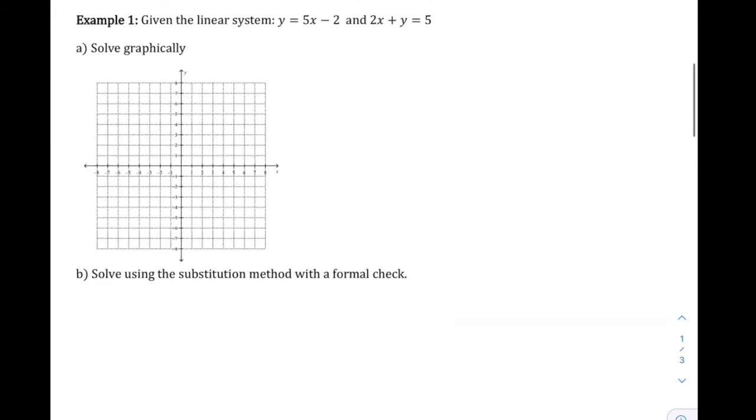Question 1. Given this linear system, solve it graphically, and then we're going to solve it using the substitution method. So previously, we would have looked at this equation. We'll take the first one here, call it equation 1. This is y is equal to 5x minus 2. And I'm going to graph that. We know that the b value is negative 2.